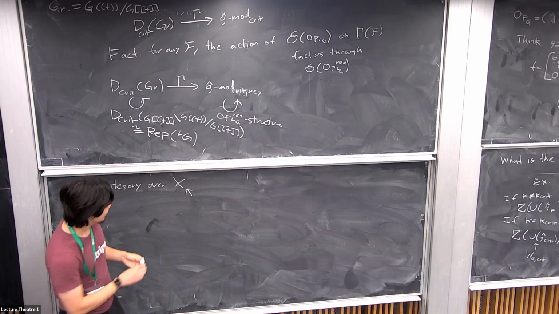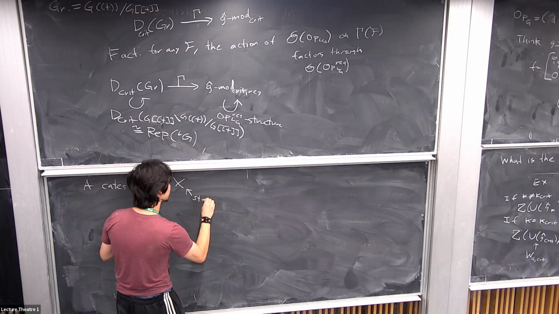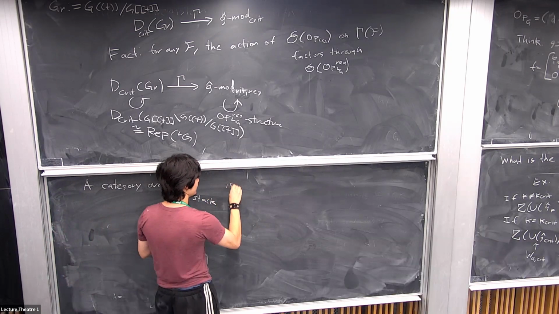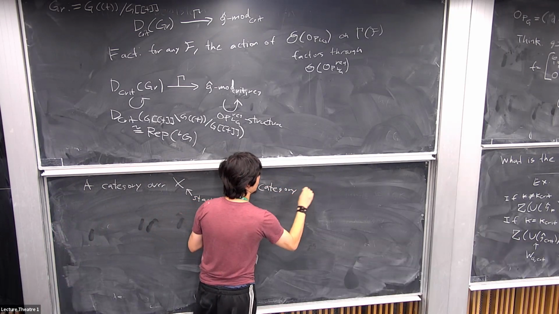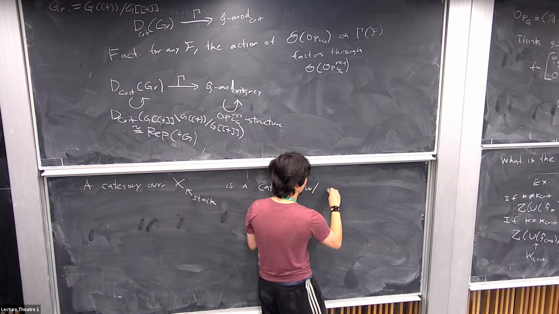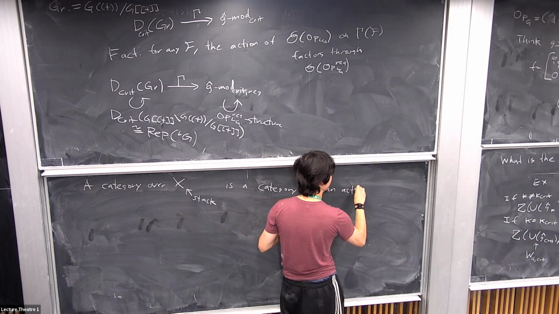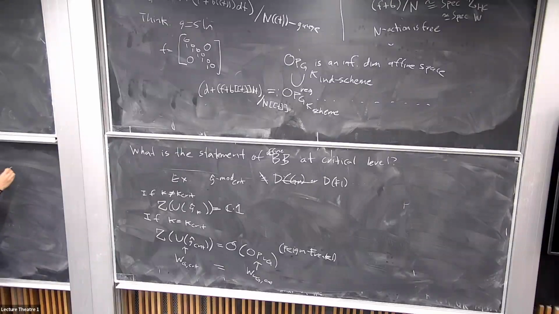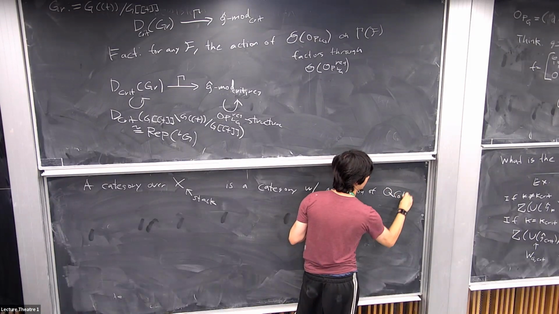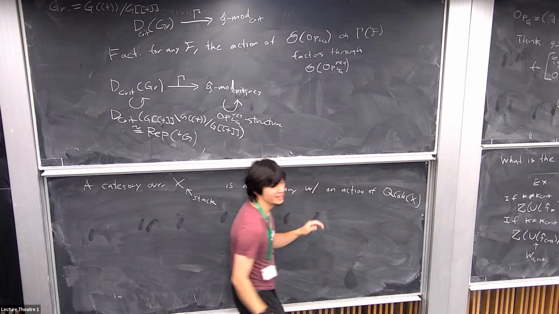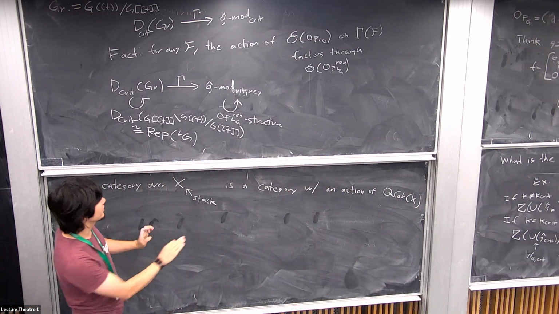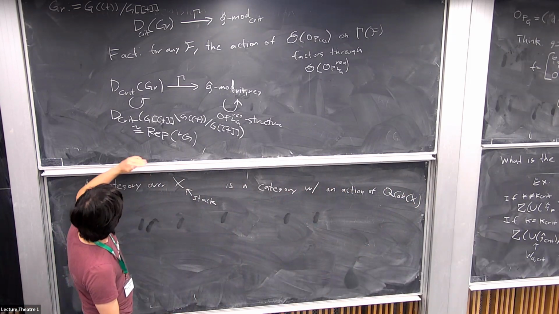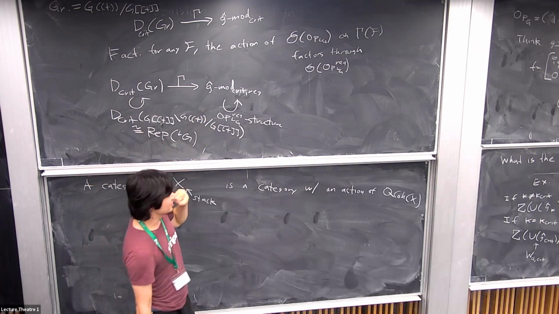I can take stack X, a category with an action of the category of quasi-coherent sheaves on X. Again, I want to do this derivatively, but for now I can still get away with not doing it derivatively. So let's see how both of these have the structure.